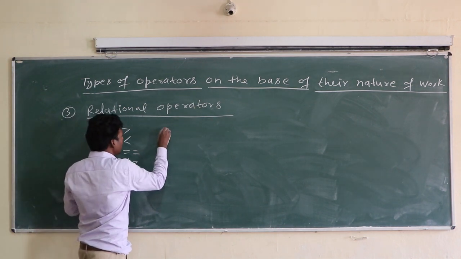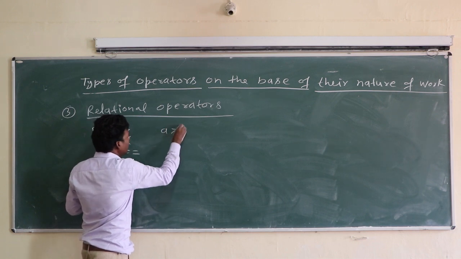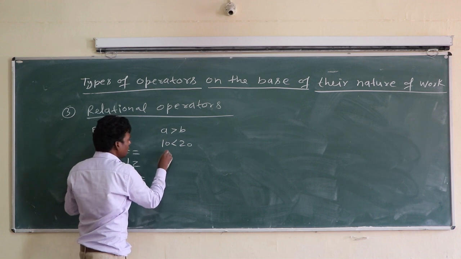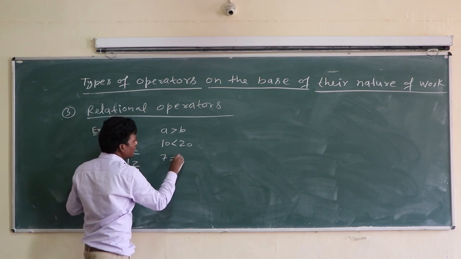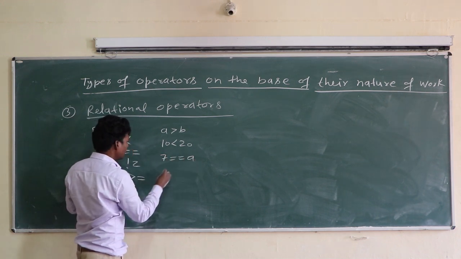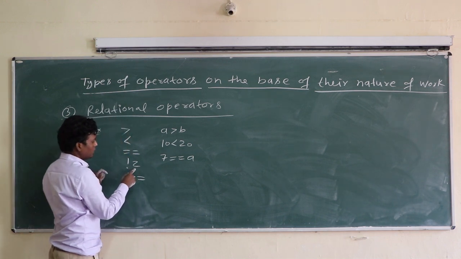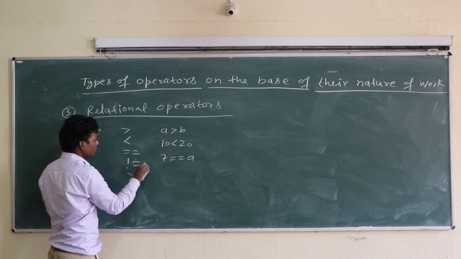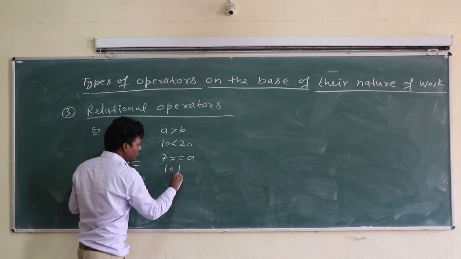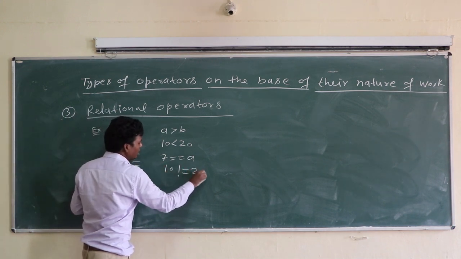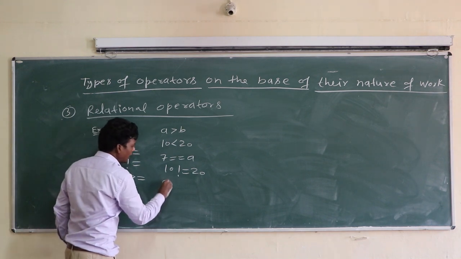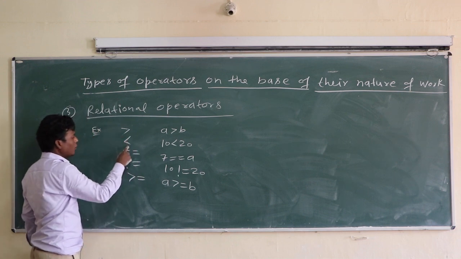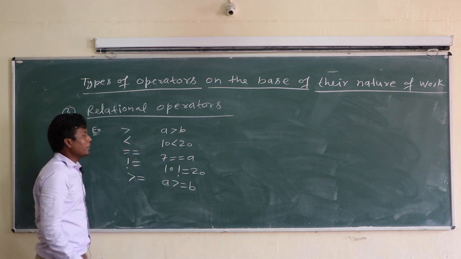Examples of relational operators: suppose A is greater than B, 10 is less than 20, 7 equal to A, this is not equal to, 10 is not equal to 20, and A is greater than or equal to B. So all these operators are relational operators.